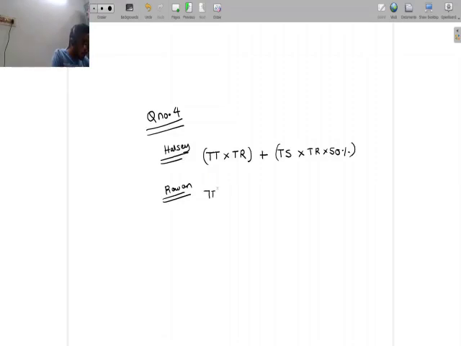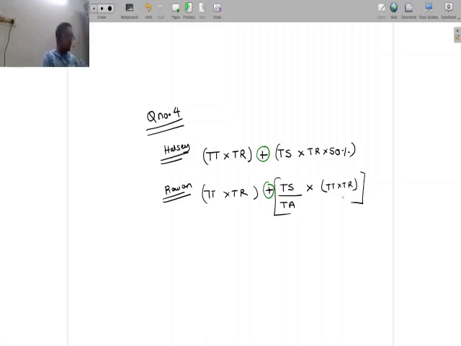Time taken into time rate, the first component is there, but Rowan bonus calculation is time saved divided by time allowed into time taken into time rate. Let me highlight the two components by circling the plus symbol here so that you are very clear about it, and let me put this bracket also here.